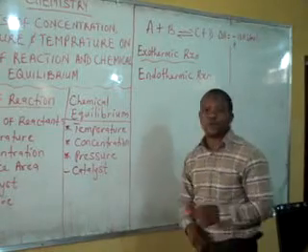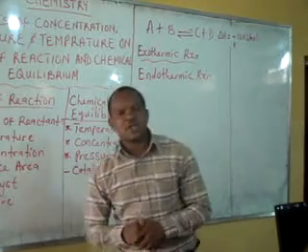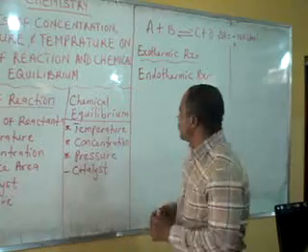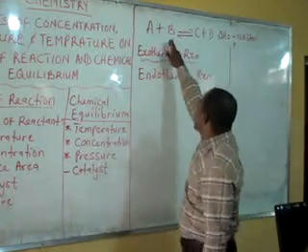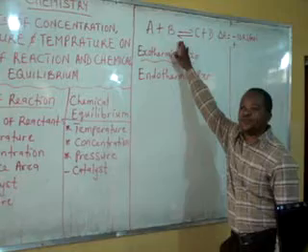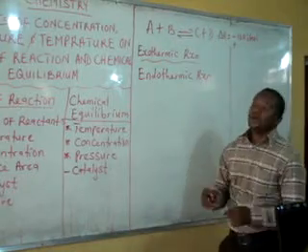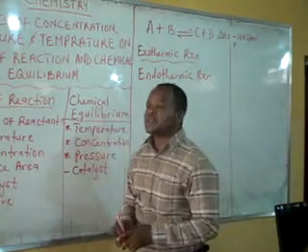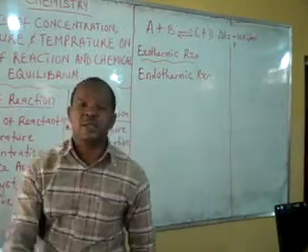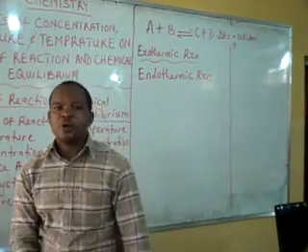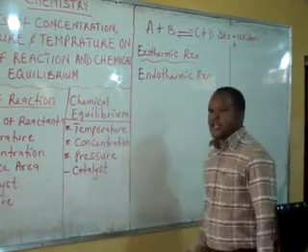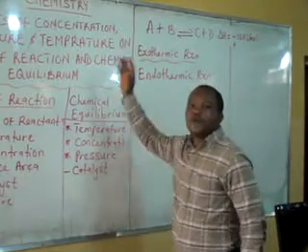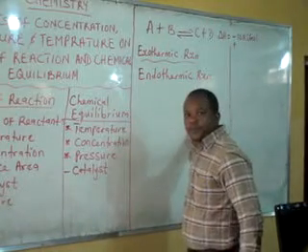Then we have concentration. Now, in concentration, when you have a reactant, just like the equation I have on the board here, if you are increasing the concentration of the reactant, the equilibrium position will shift to the right. That is, it will favor the forward reaction.